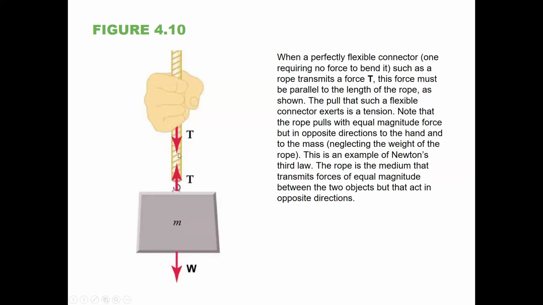Here we neglect the weight of the rope, and this is an example of Newton's third law. The rope is a medium that transmits the force in your hand, with equal magnitude. So now the rope is transmitting the tension that is on your hand.